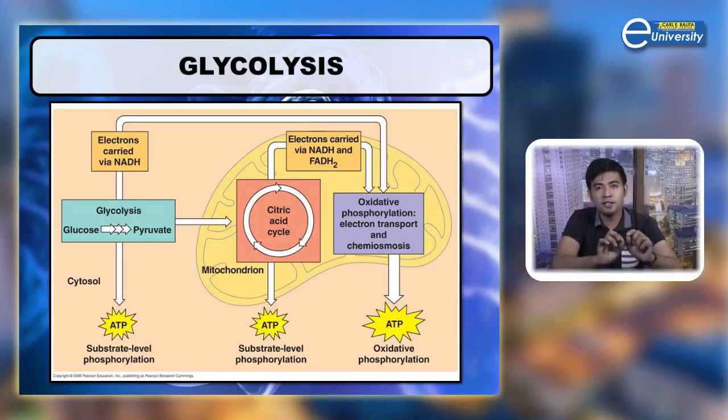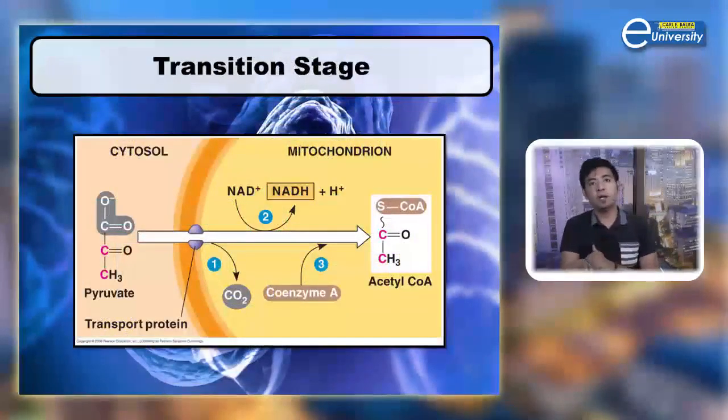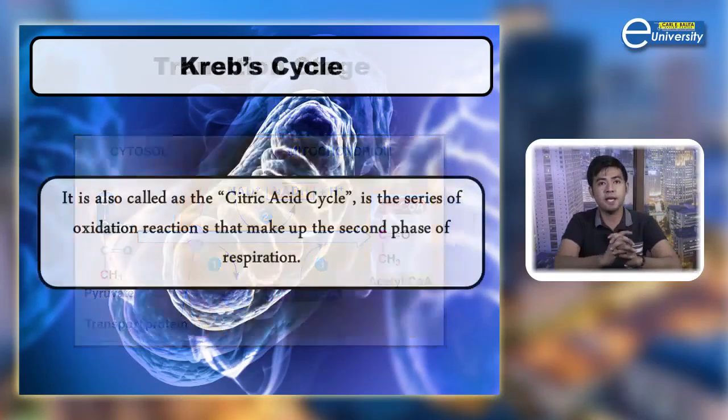And of course, it produces NADH, a high energy electron carrier. So now we have the acetyl CoA, which is the product of the transition stage. This acetyl CoA will be used in the next stage, which is the Krebs cycle.